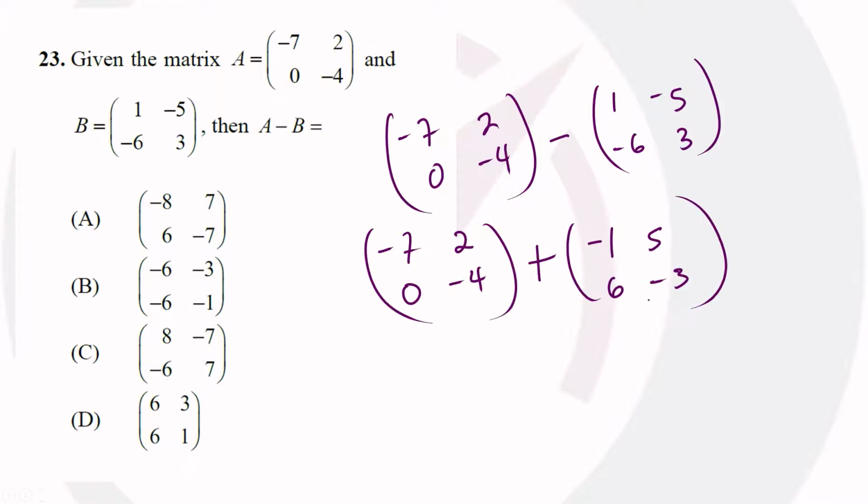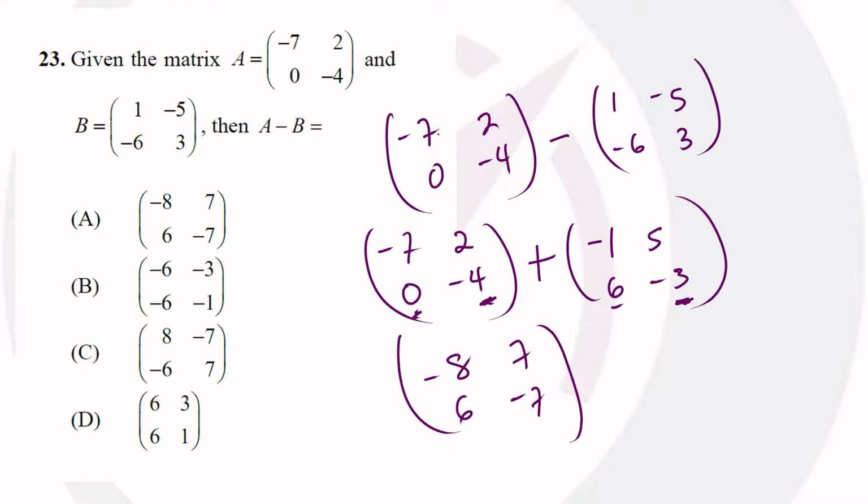And we can go ahead and add them now. So negative 7 plus negative 1 gives us negative 8. 2 plus 5 gives us 7. 0 plus 6 gives us 6. Negative 4 plus negative 3 gives us negative 7.